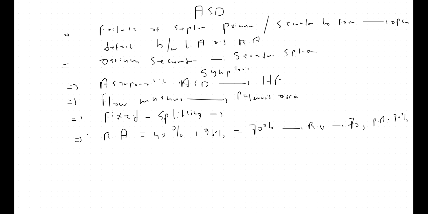Now we will discuss another disorder called ventricular septal defect, VSD. VSD is defined as a defect in the ventricular septum, and the most common type of VSD you get is the membranous VSD. Membranous VSD is the failure of formation of the membranous interventricular septum.